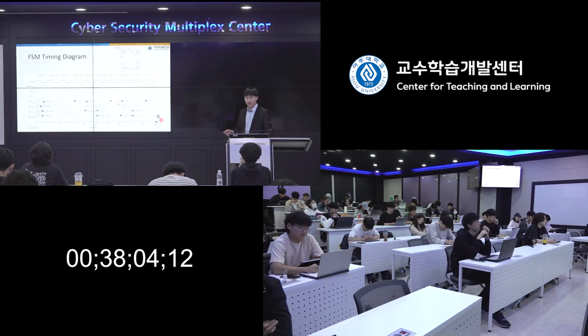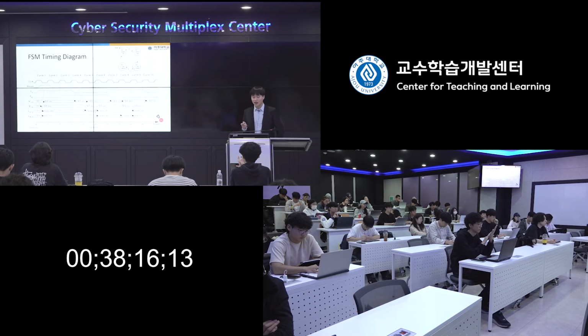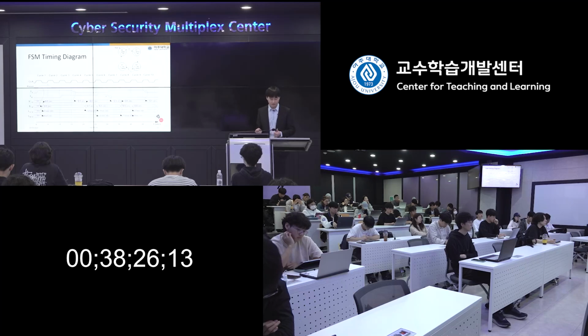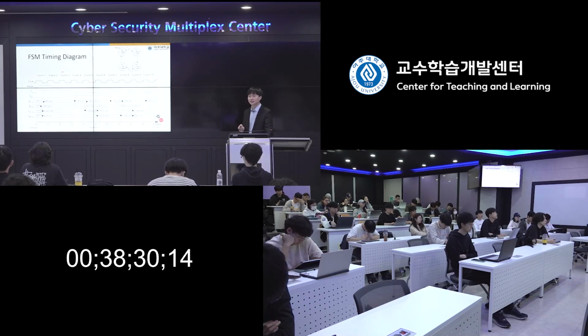Then after 5 seconds, reaching this rising edge, it will be outputted to affect the final control output for the traffic light. So this is the timing diagram for this FSM example for controlling the traffic light. So any questions for this process?